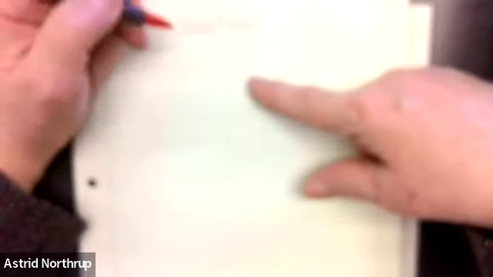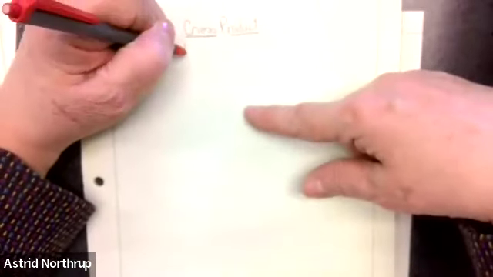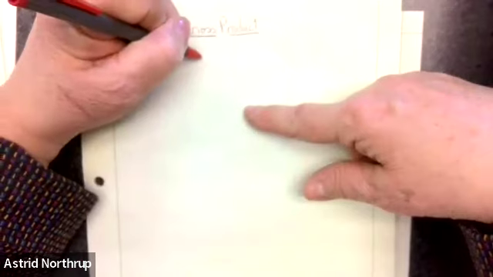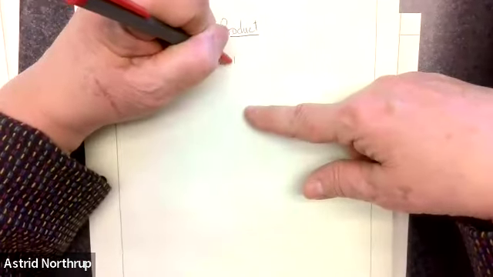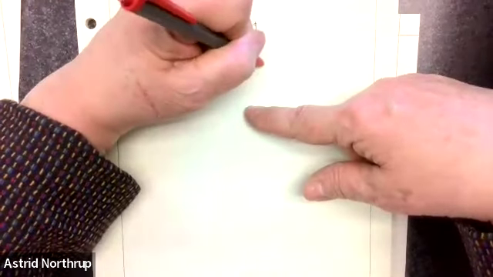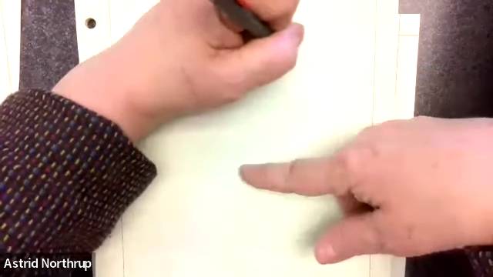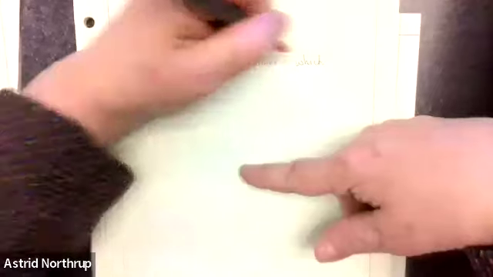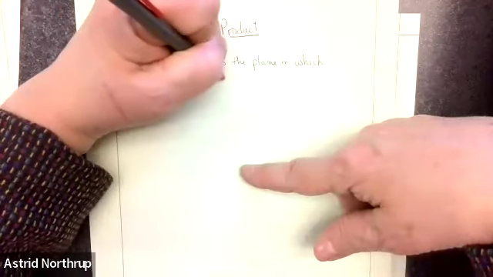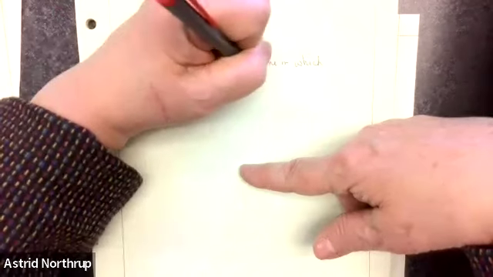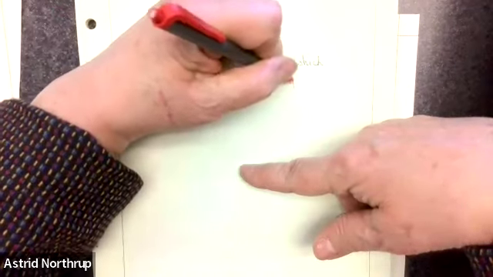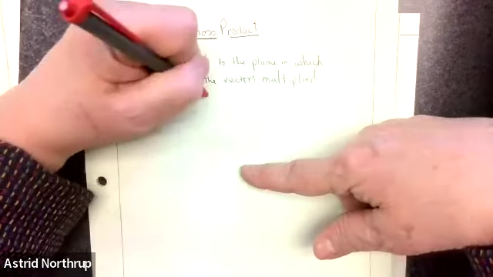All right. So what a cross product is, first of all, is perpendicular to the plane in which the vectors multiplied exist.